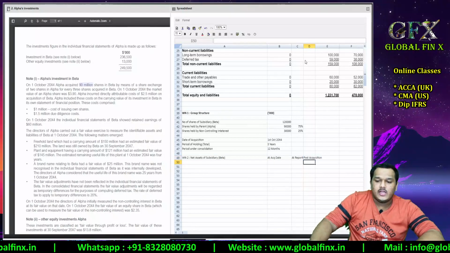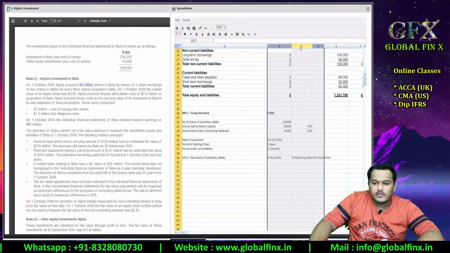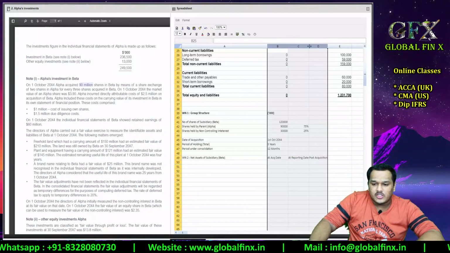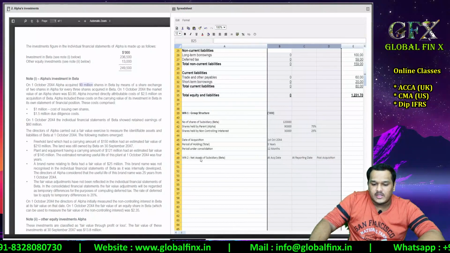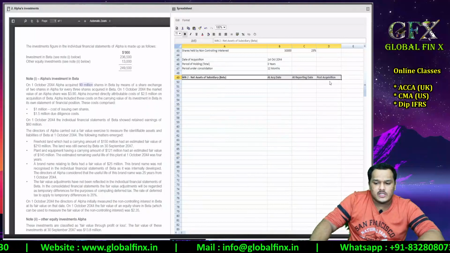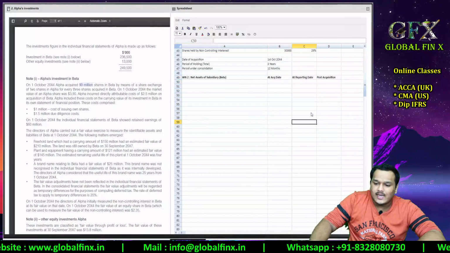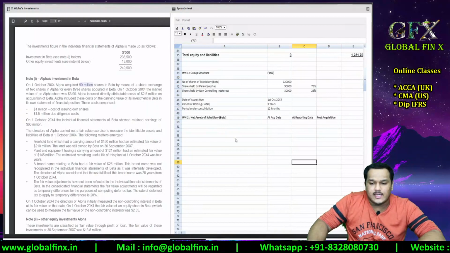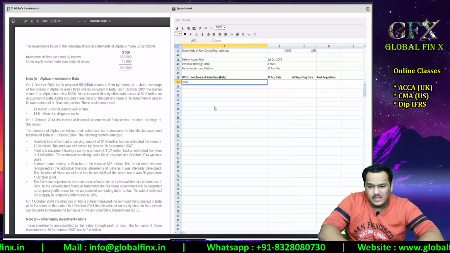Some people usually ignore the post acquisition column and directly at the end they do the at acquisition and at reporting date columns. The difference will be directly taken as post acquisition. Anyway, it's fine. You can either do post acquisition line by line, or after getting these two columns you can directly calculate the difference between the totals and you will get the same thing. Absolutely fine, no issue. I'll stick with the line by line items.